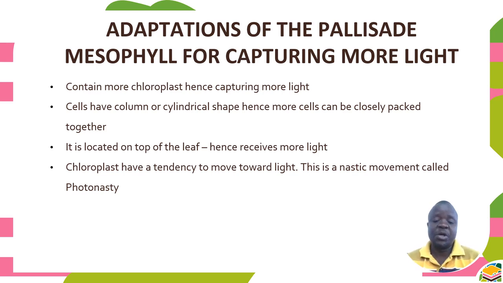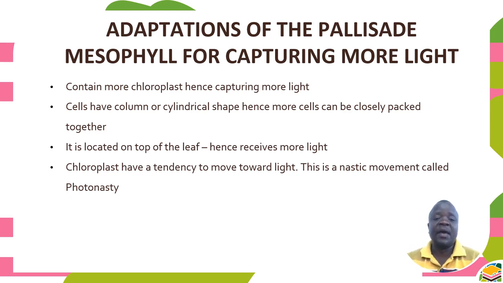That's nastic movement. So the tendency of the palisade layer to move towards the surface of the leaf is called photonasty.